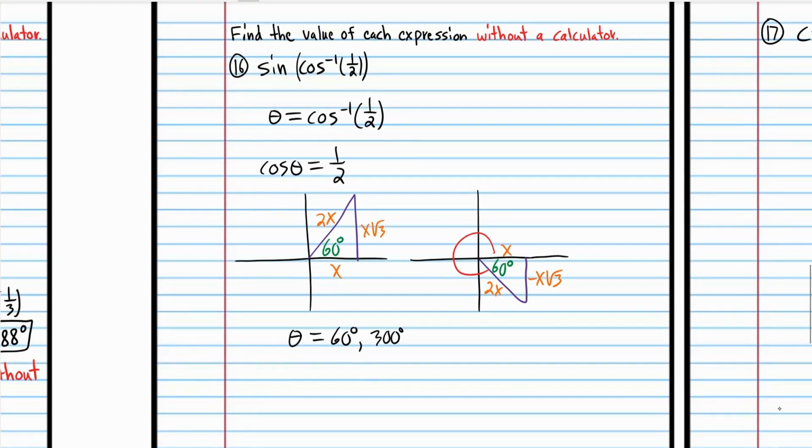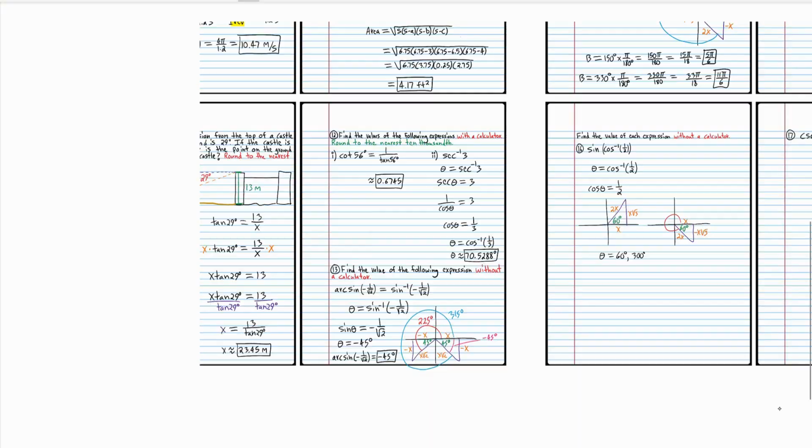But remember, this notation is considered to be the output of a function. A function can only have one output for every one input. In this case, 1/2 is the input. And so we have to look at the cosine inverse range restrictions, and it's restricted to numbers between 0 and 180.